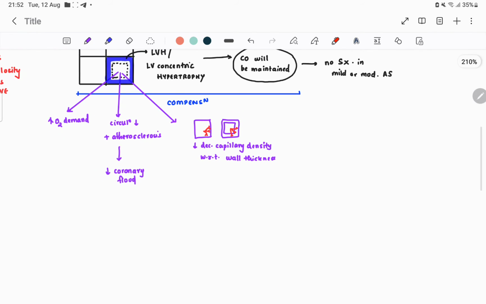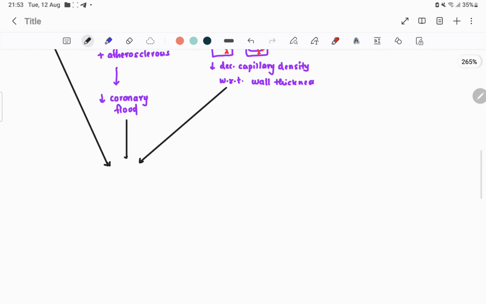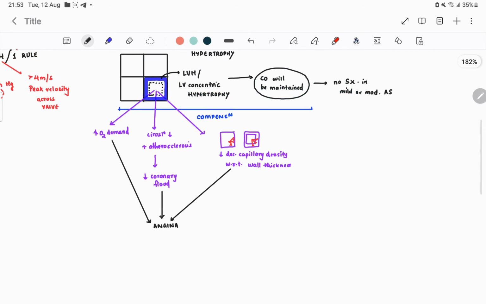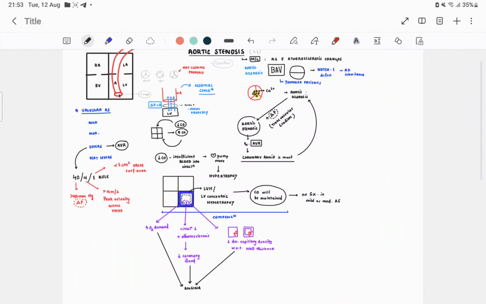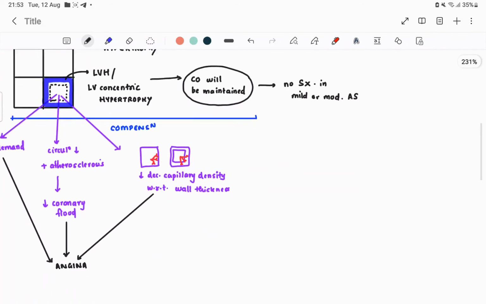This all will lead to a very important symptom which you might be guessing correctly by now, that is angina. We have read a lot and lots of angina. Okay, so these are the 3 causes which occur in aortic stenosis which lead to angina.